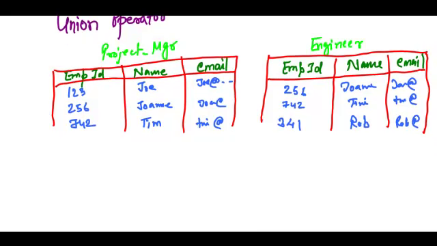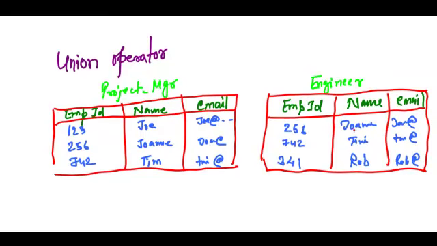Okay, so in this table we have these three values, and this table we have these three values. Obviously this row means that Joanne is an engineer whose email is Joanne at something, and his employee ID is 256 rather, and a row in this table means Joe is a project manager whose employee ID is 123.